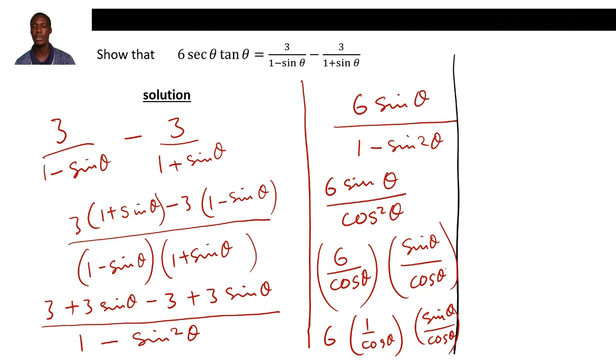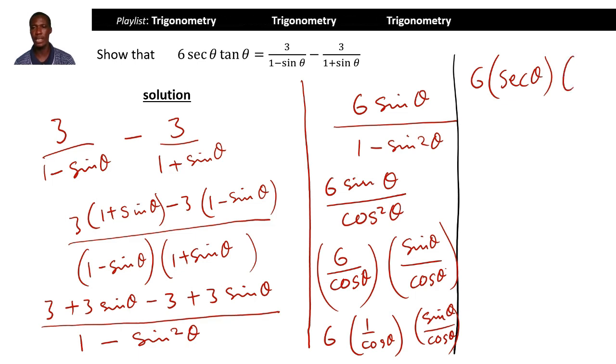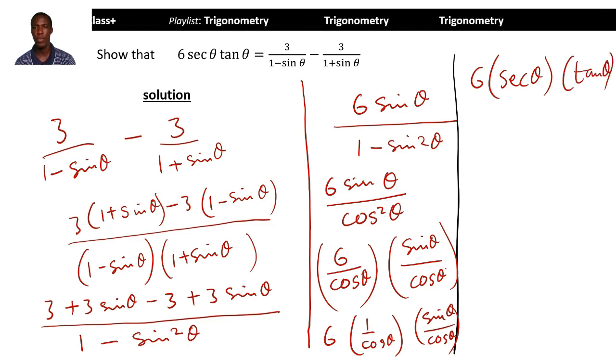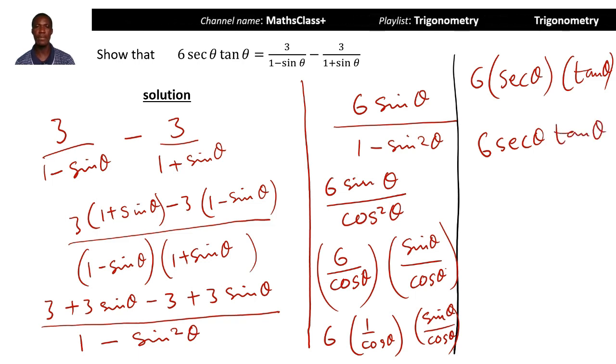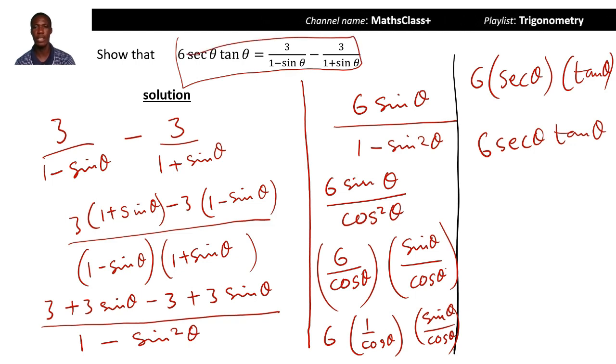And that's, I get 6 multiplying 1 over cos theta is sec theta, and then sine theta over cos theta is tan theta. So it becomes 6 sec theta tan theta, and that verifies the expression given.